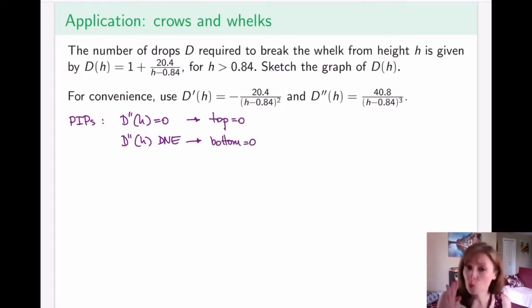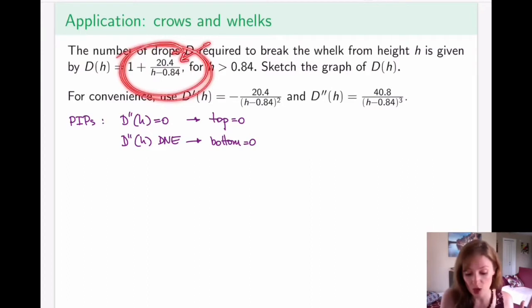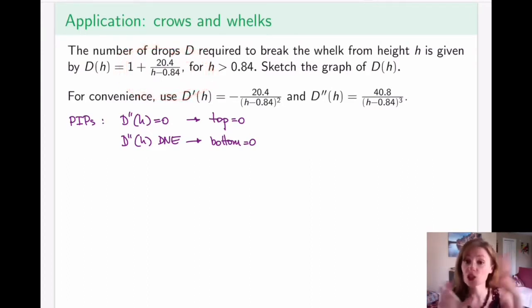I would like to warn you here, though, that this type of top-bottom analysis only works if your function is one big fraction. So, for example, it wouldn't work on this part here because you don't have one fraction. You have 1 plus something else. So you cannot say that this whole thing is 0 when the top of a fraction is 0. This analysis only works if your function is just one compact fraction all in one.